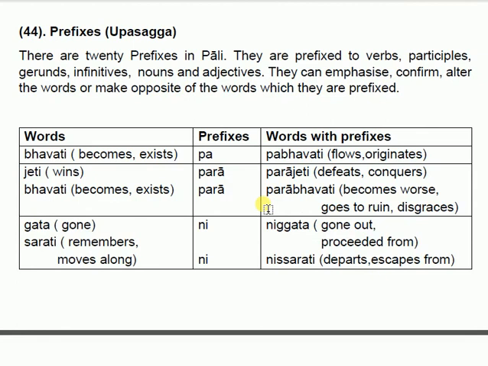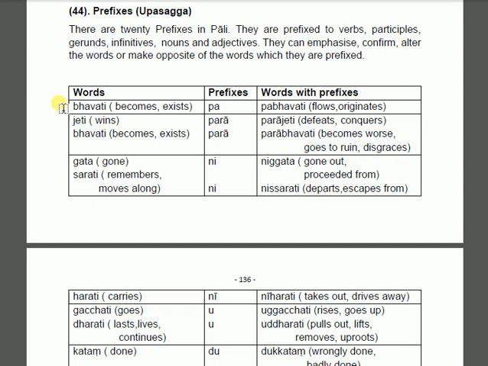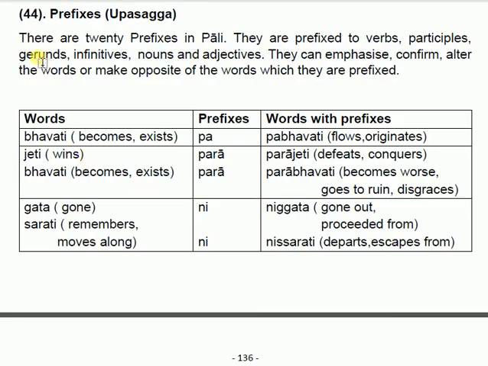Prefixes in Pali, we say upasagga. Right, so let's read. There are 20 prefixes in Pali.